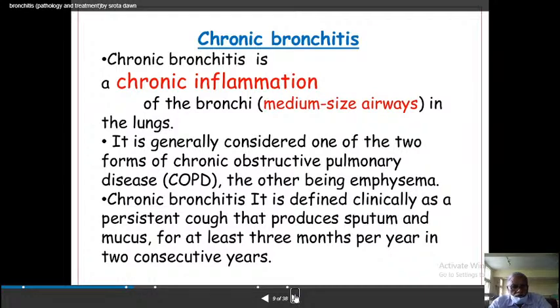Chronic bronchitis is defined clinically as a persistent cough that produces sputum and mucus for at least 3 months a year in 2 consecutive years. We will call it chronic bronchitis.